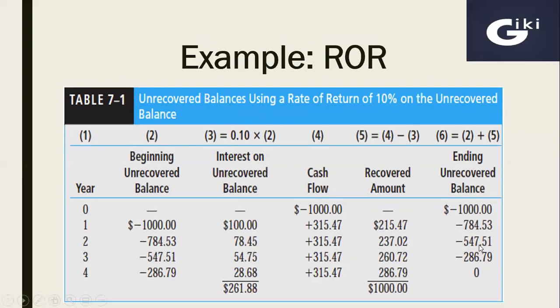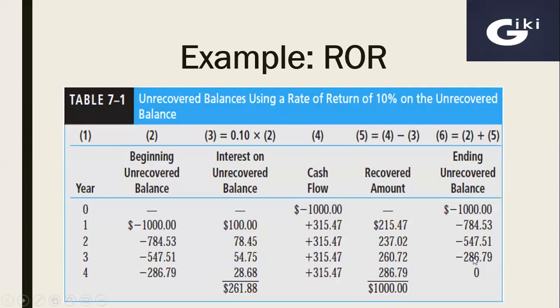In the next time period, interest will be calculated on this amount, which is 547.51, and 10% of this amount will be 54.75, and the total cash flow 315.47 minus 54.75 will be the recovered amount out of principal, that is $260.72 in the third year, and the remaining ending unrecovered balance will be 286.79.